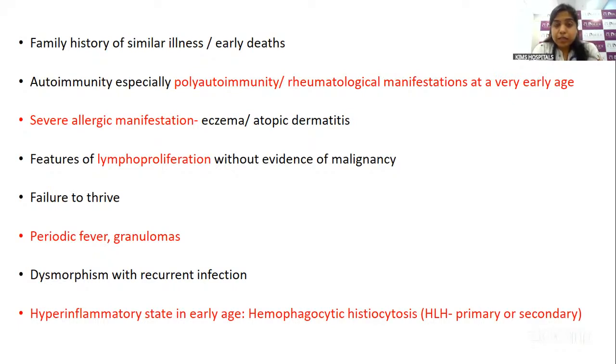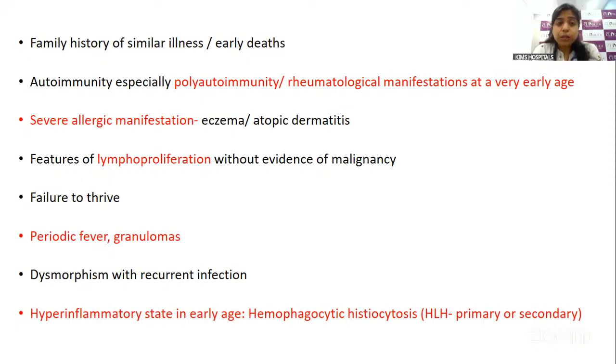Features of lymphoproliferation like hepatosplenomegaly, cervical adenopathy, and any other adenopathy, and a mild or subacute prolonged fever can be due to ALPS or an ALPS-like disorder also. So in those cases also we have to suspect inborn error of immunity.